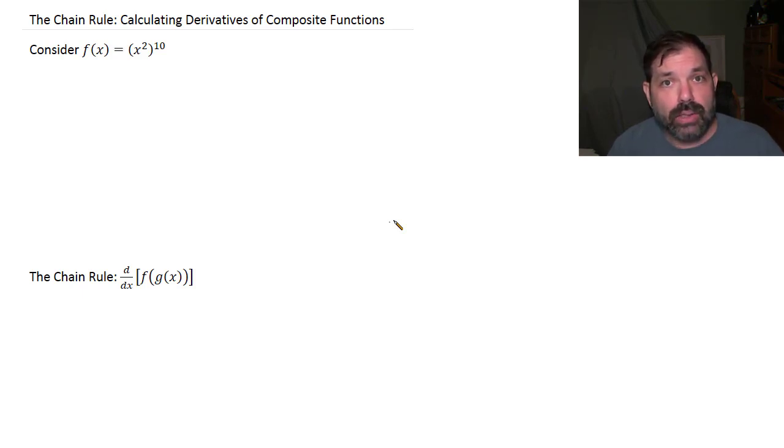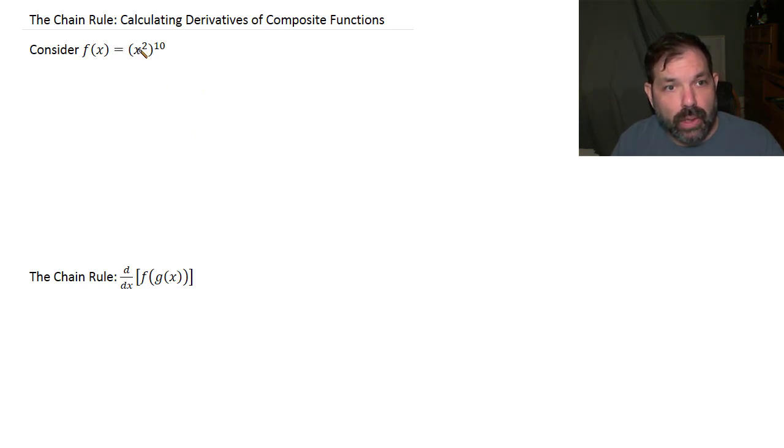This is a composite function because I have, in a sense, a function x squared being raised to the 10th power. And so we want to learn how to find the derivative of this function and functions like it. Well, let's just suppose that it follows the power rule that we've learned so far.